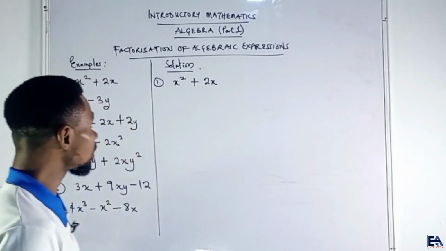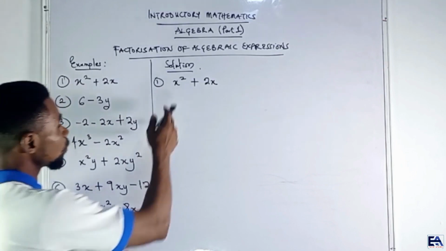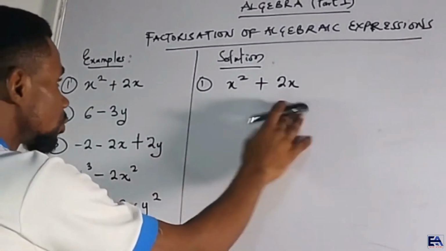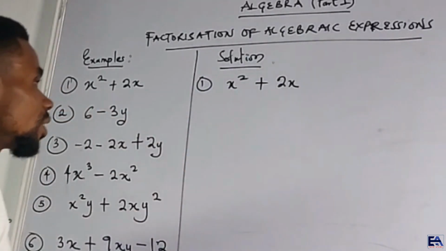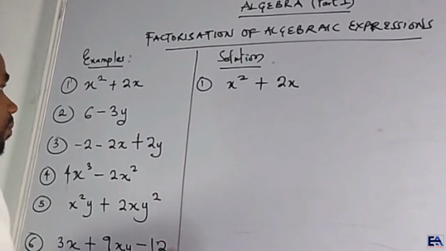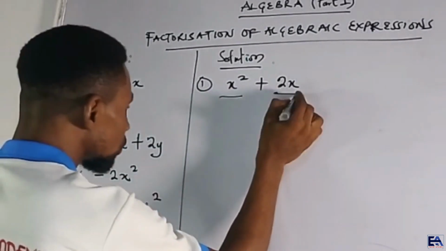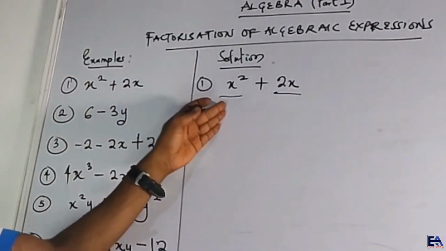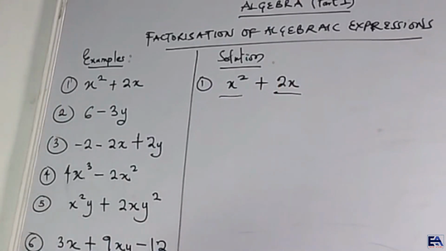How you carry out factorization in this kind of case is you look for a factor that is common to the terms involved. If you look at it, you will see that x can divide this term, and x can also divide this term. You can use x to divide this term without remainder, and you can also use x to divide this term without a remainder.